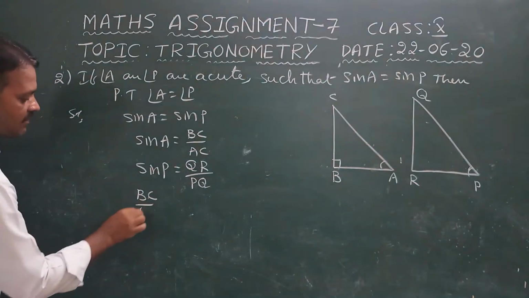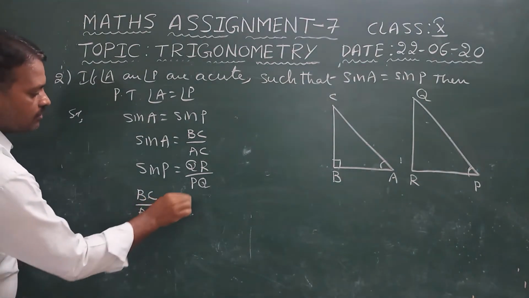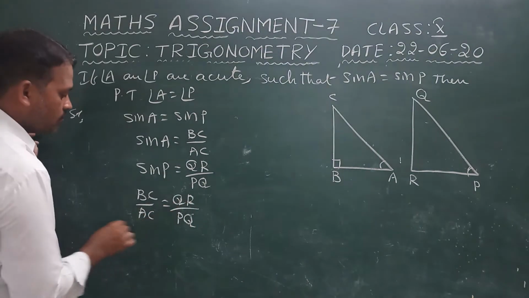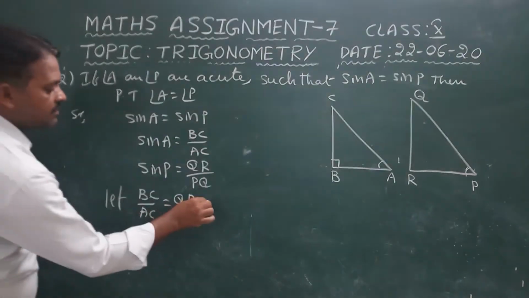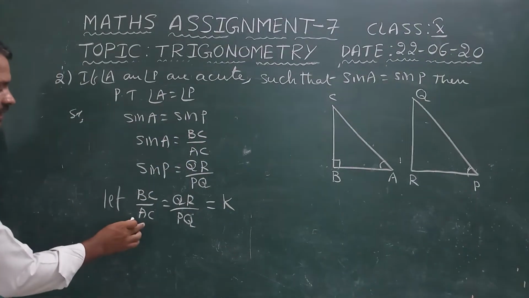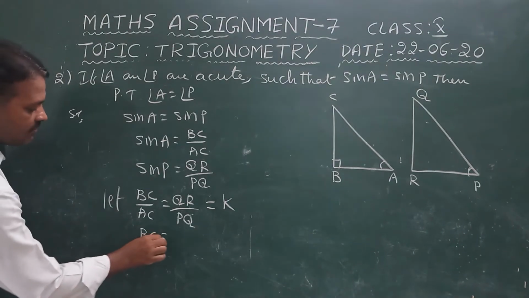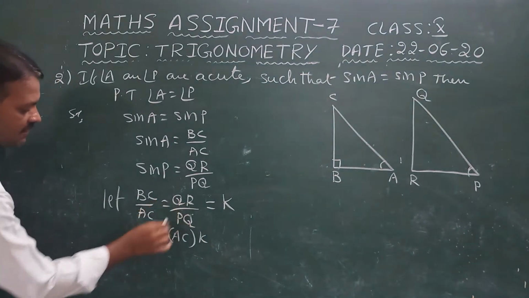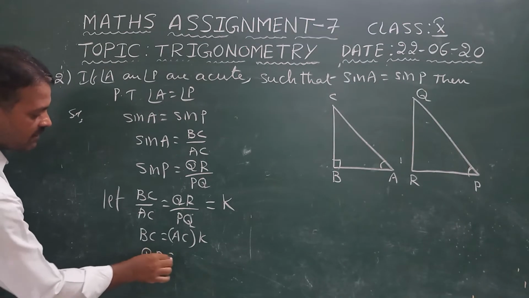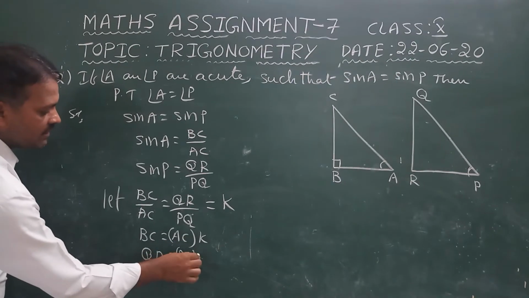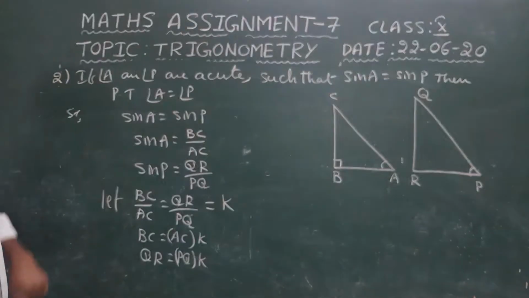BC by AC is equal to QR by PQ, and let this ratio be taken as K. So BC is equal to AC into K, and QR is equal to PQ into K.